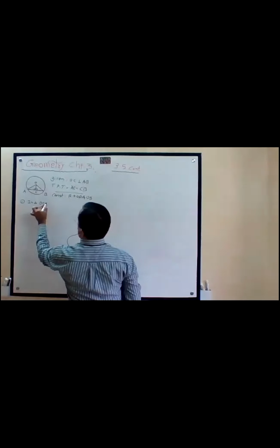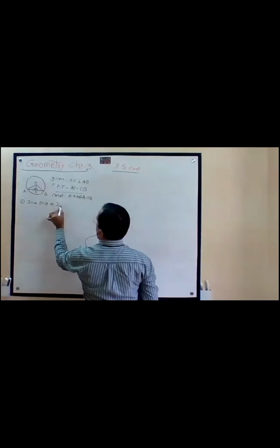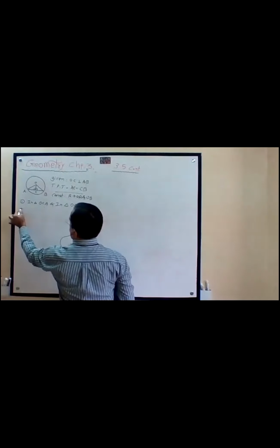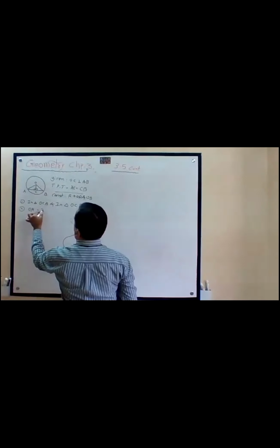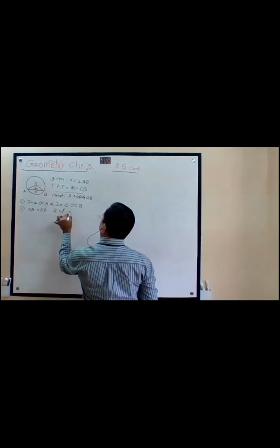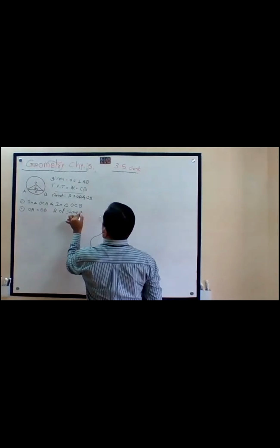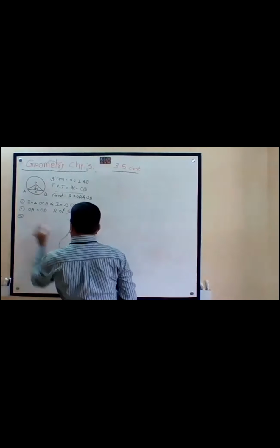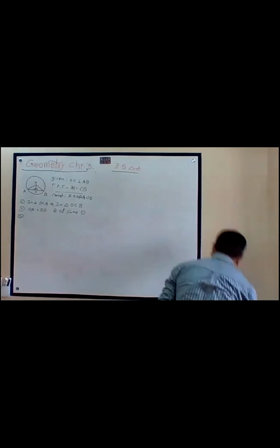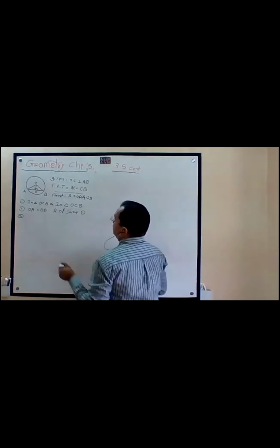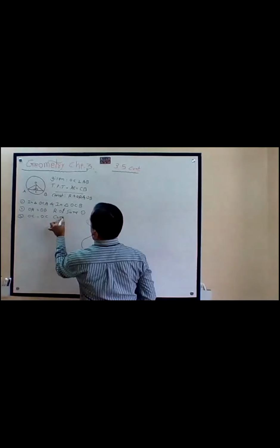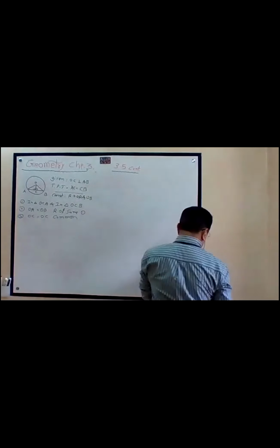In triangle OCA and triangle OCB, OA is equal to OB, radii of the same circle. Third, OC is equal to OC, common.